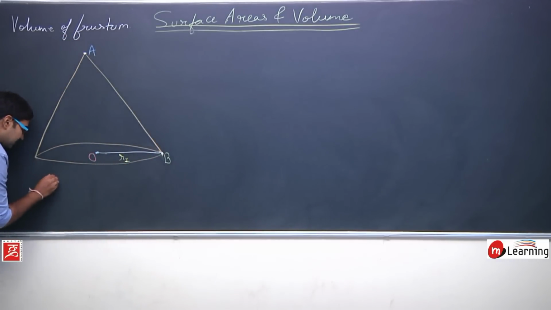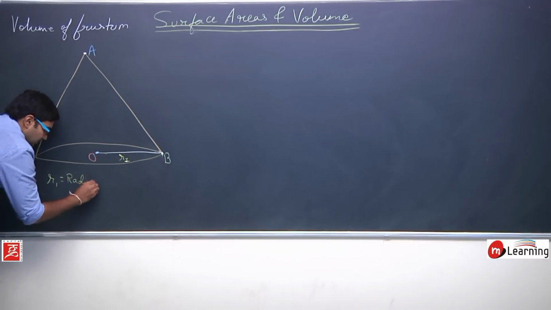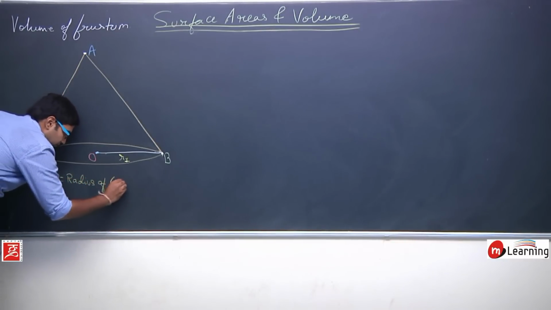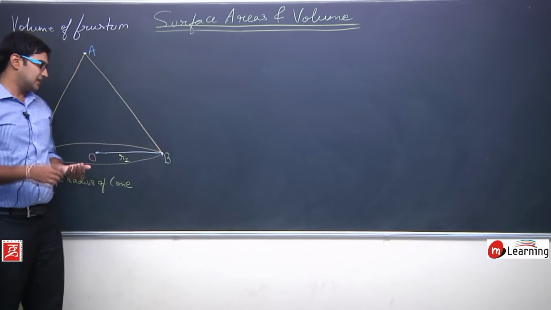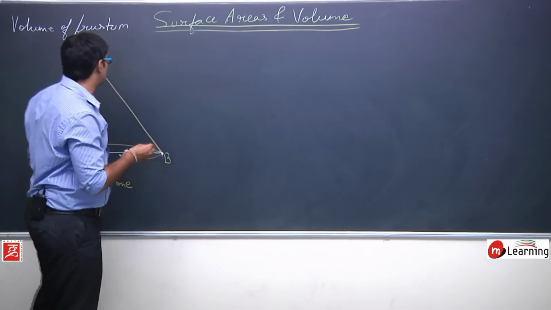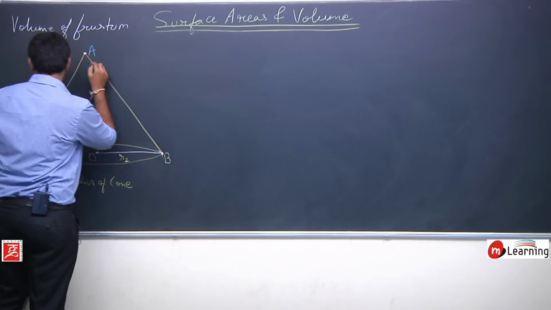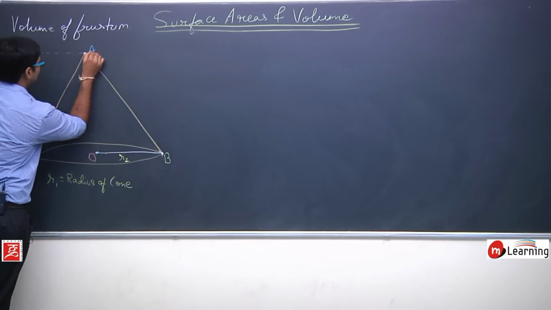So R1 represents the radius of the cone. This is the cone that I have defined, and R1 represents its radius. After this, I will define the height of the cone. How do we define the height of the cone? We can define it in this manner.